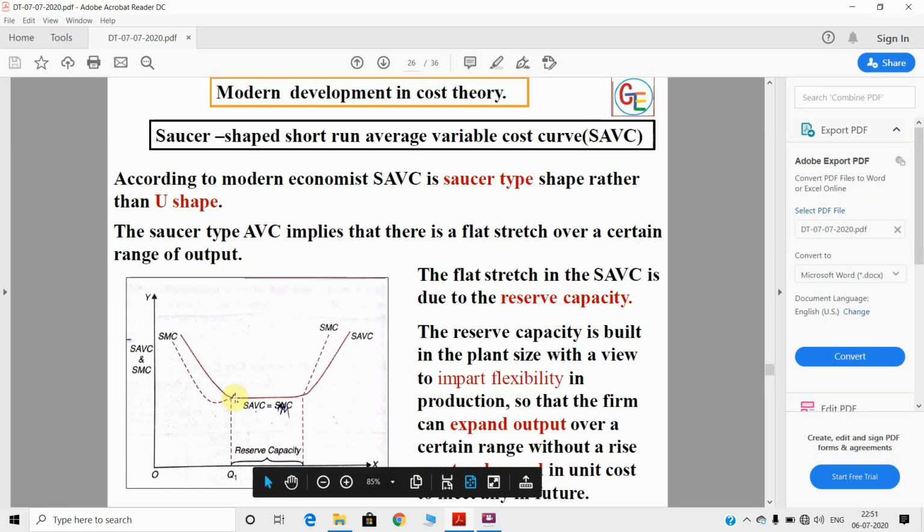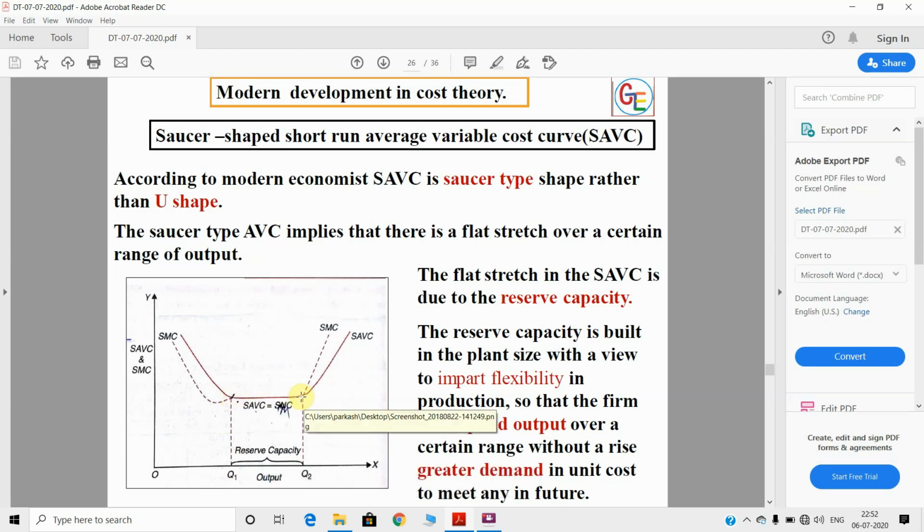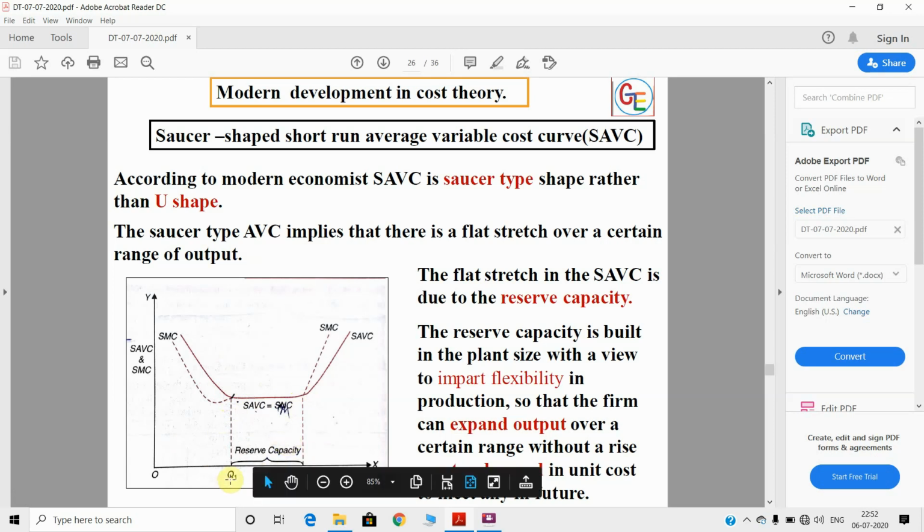Where the SAC curve or your LAC curve takes a horizontal shape. If you look into the diagram, from Q1 to Q2 there is a horizontal shape which is called the reserve capacity. The flatness of SAC is called reserve capacity, which is built into the plant size in view of flexibility in production, so that the firm can expand its output over a certain range without a rise in unit cost, to meet any amount of output in future, right.